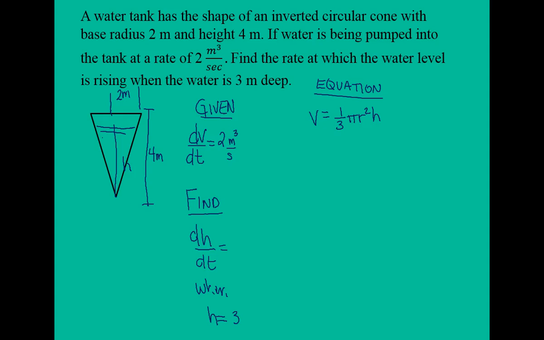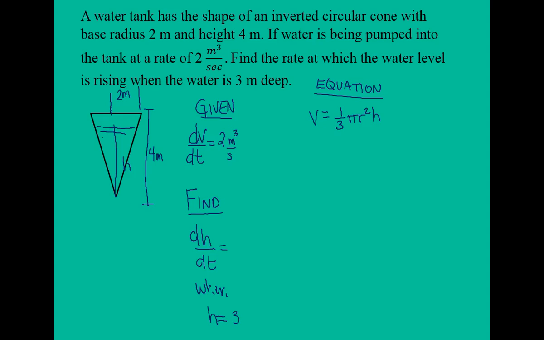Now, if we were to differentiate both sides of the equation, do you see that we would have an r and an h on the right side? We'd have to apply the product rule. It might get a little bit messy. We may be able to work around that.